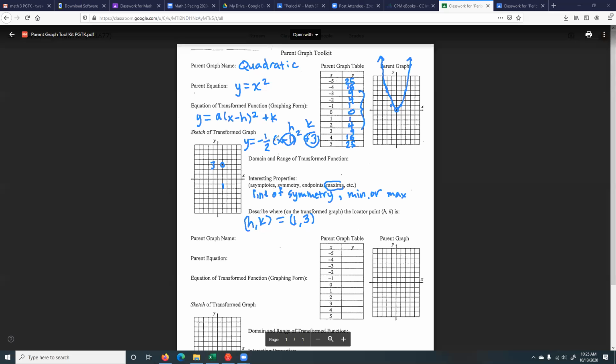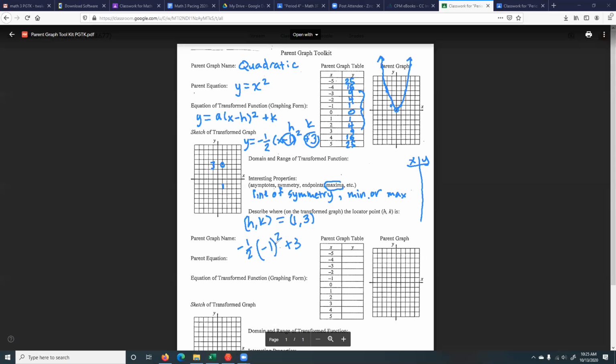Okay, and since this is negative 1/2, ideally you should probably make a table for this. Let's say I plug in 0 to get my next point. Negative 1/2 times 0 minus 1 squared plus 3.